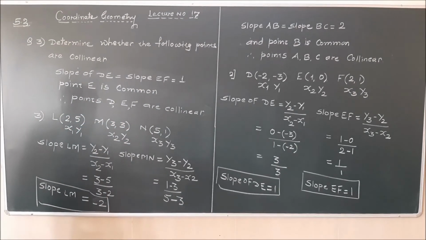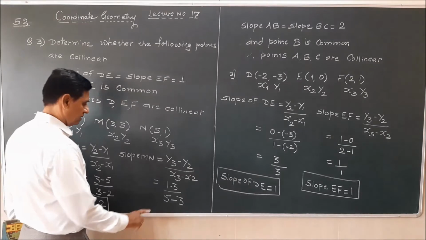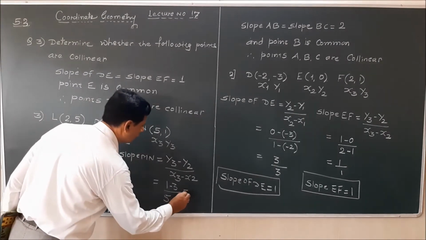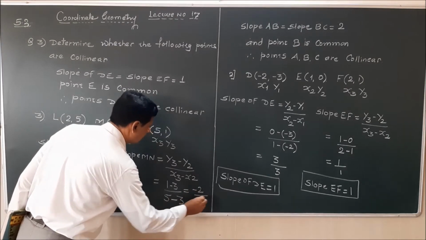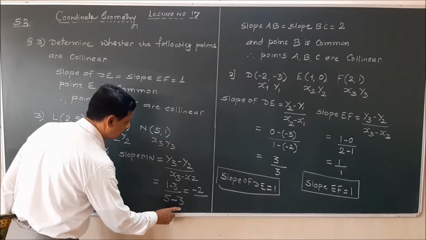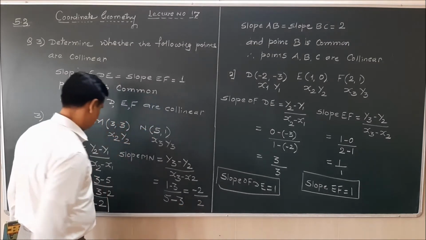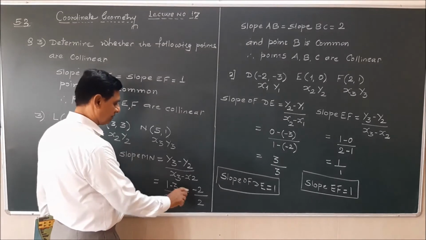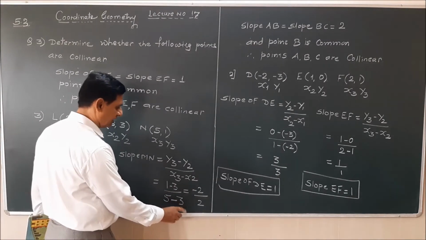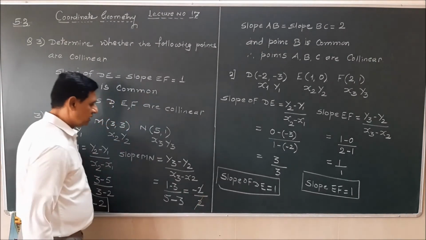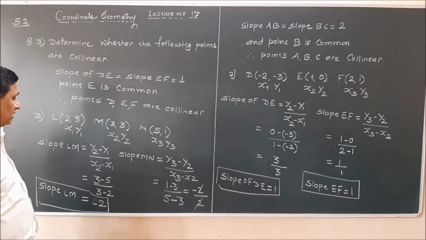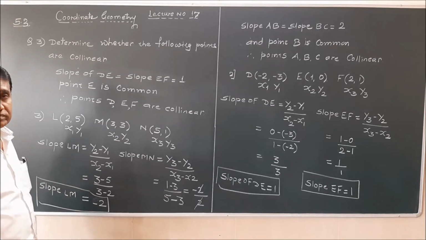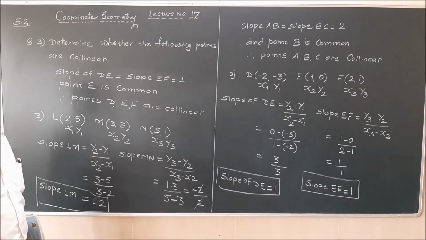Please note here, 1 minus 3 is minus 2. Be careful. And 5 minus 3 is 2. These two will get cancelled. So slope of MN is equal to minus 1, while the slope of LM is minus 2. Slopes are not equal. Very important.